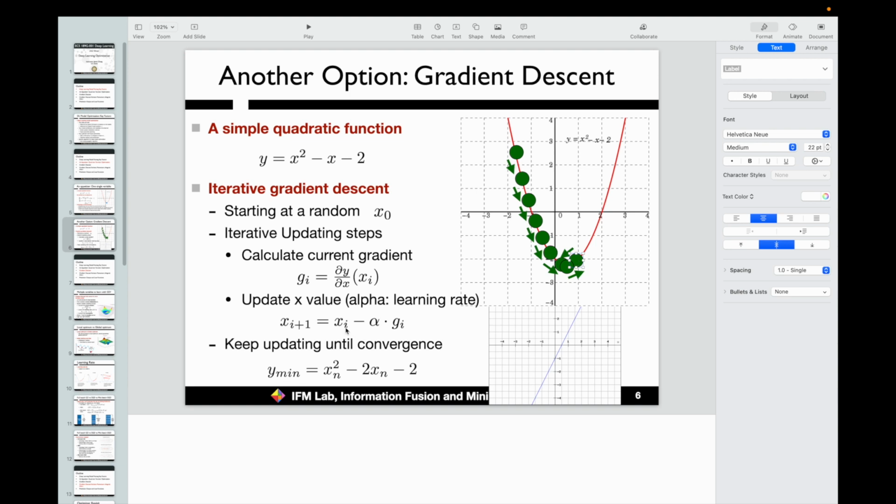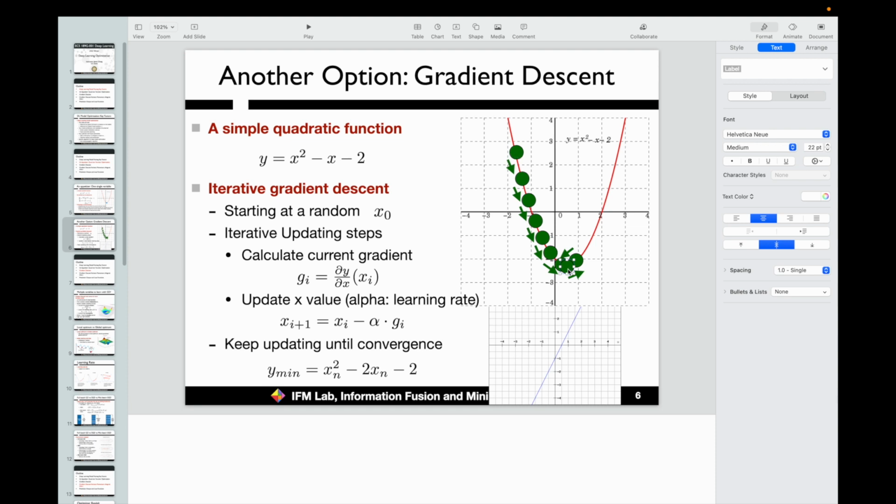In other words, we have to decrease its variable value instead, slightly. For example, we can move back to this point, which achieves the minimum value for this function, right? So this equation allows us to adjust the location of the point starting from the initialization until convergence.